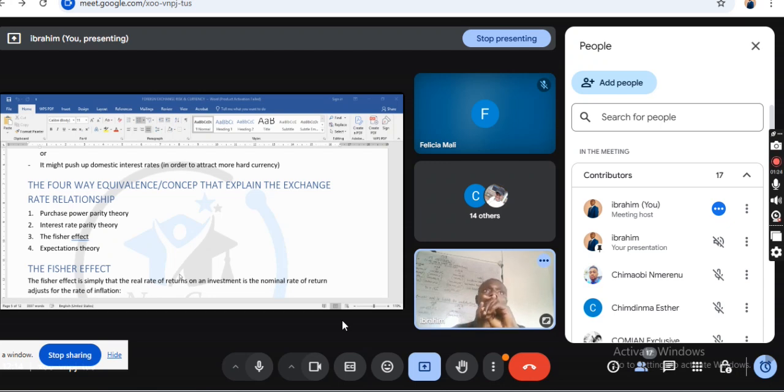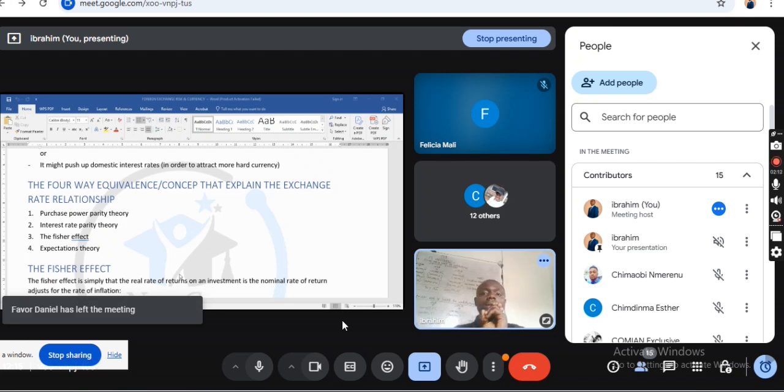Two, you should be able to identify a direct quote or indirect quote if Nigerian currency is not among the spot rate. Four, students should be able to calculate the forward rate, right? The forward exchange rate, probably for 4 years, for 5 years.